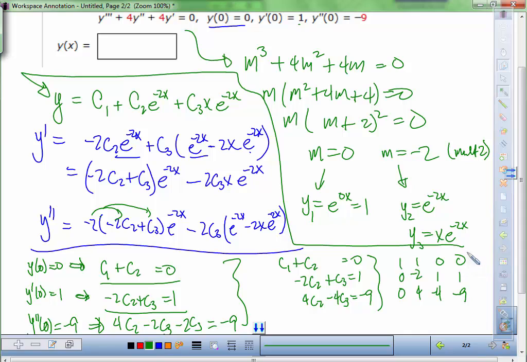And if I row reduce this matrix, hopefully I'll get a nice solution.